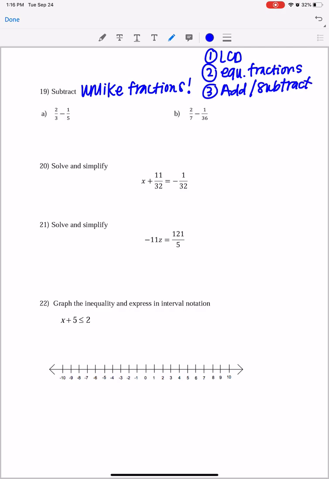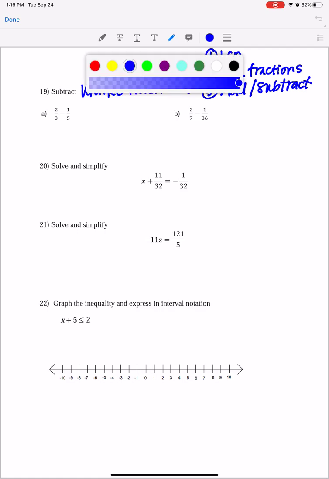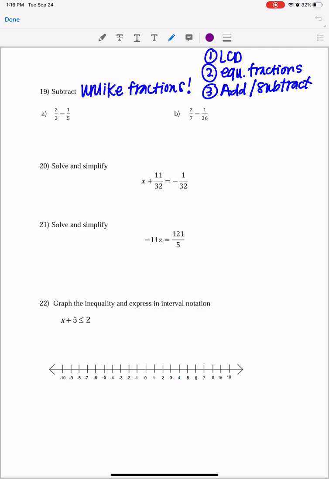Okay, so on 19, again, hopefully you're getting kind of good at these, that you can look at these and see what is your LCD, especially on A. B is a lot harder, but A isn't.